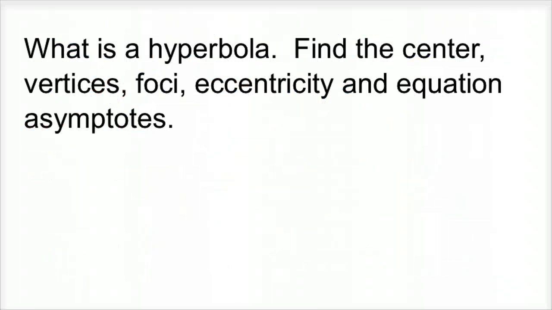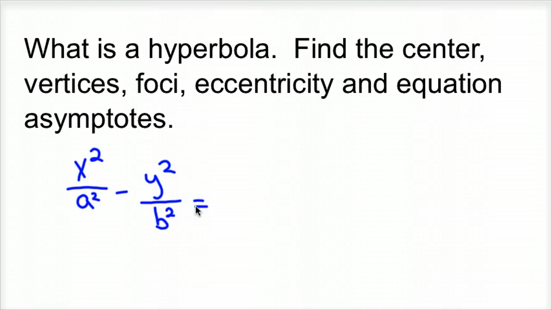Okay, so that brings us to how do we graph one of these things. I'm going to make this one kind of a quick video. The center of this one is going to be always at the origin for now. And so this is the general form.